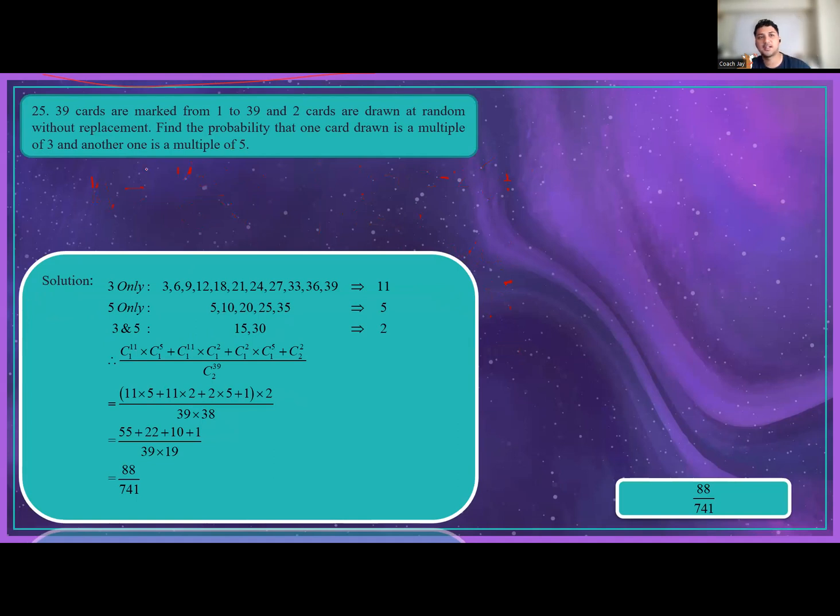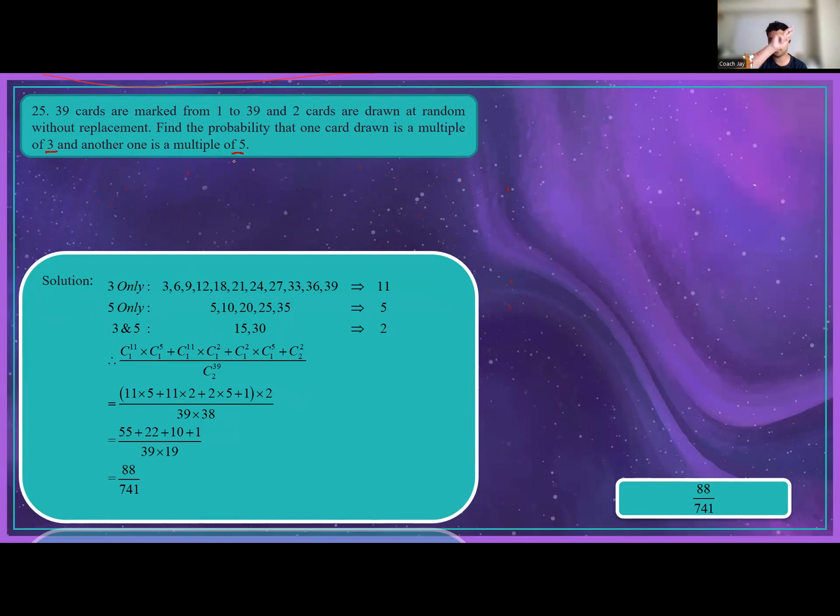Number 25. 39 cards are marked from 1 to 39, and 2 cards are drawn at random. Out of 39 cards, you draw two cards without replacement. Find the probability that one card drawn is a multiple of 3 and another one is a multiple of 5.